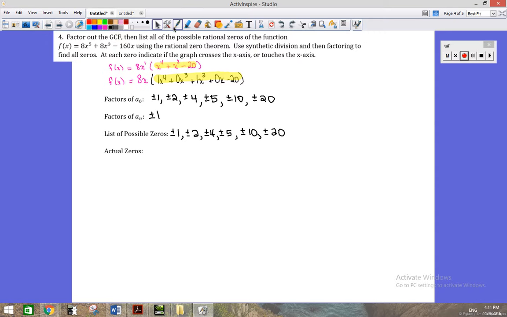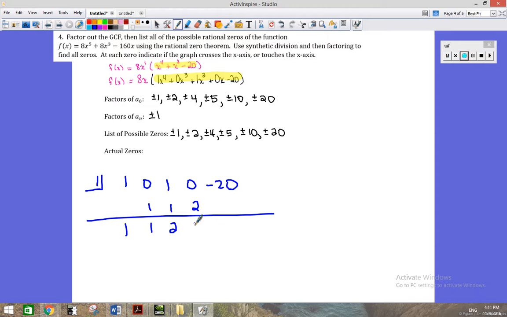All right, so let's jump in and try synthetic division on these values and see if we find a zero remainder. Remember, I'm working with what's highlighted here: 1, 0, 1, 0, negative 20. Well, 1 is not going to work. I think you can see number-wise that this just didn't grow fast enough.